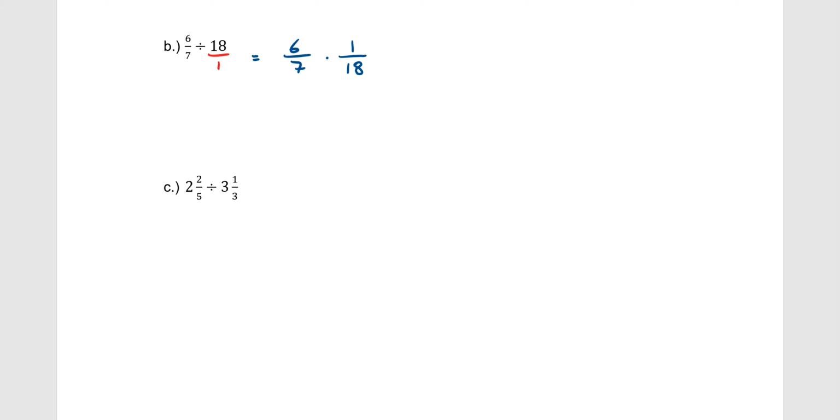Okay, so once we have that, now we can simplify. 6 and 18 have a common factor of 6. So they cancel and we get 1 and a 3. So 1 times 1 in the numerator, it's 7 times 3 in the denominator. We get 1 over 21 is our answer. That is not an improper fraction, so we leave it as is.